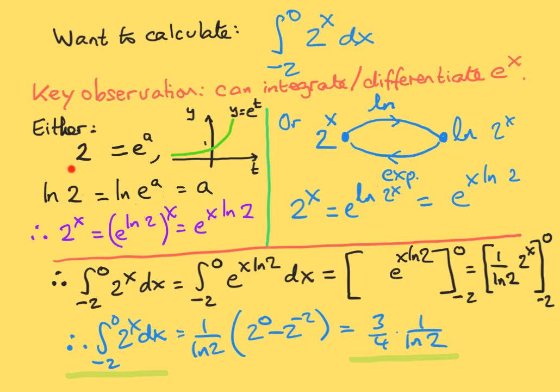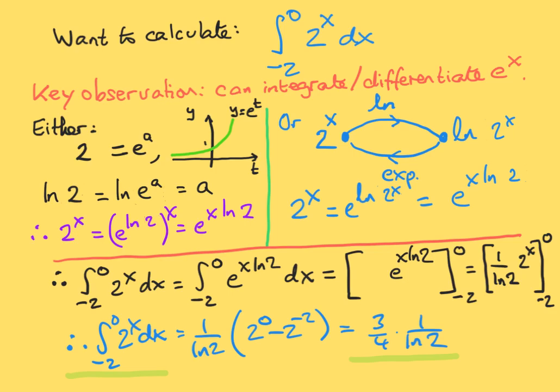So now, let's find that power. The way to find powers is to take logarithms. Take logs of both sides. The natural log of 2 is the natural log of e to the a, and that's just a. So a is log 2. So 2 to the x is e to the log 2, because we've just shown that's what 2 is, all raised to the x.